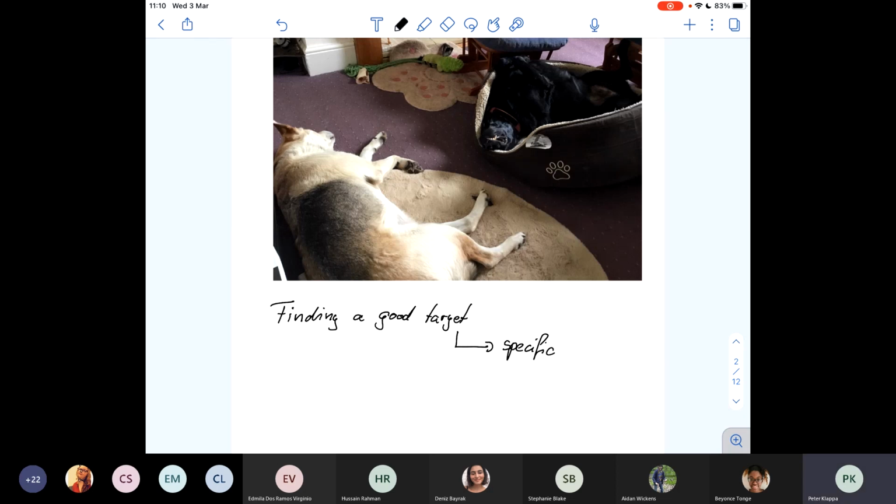So sometimes you can even find an enzyme that you want to target for your drugs. So we want to find a good enzyme, and good here means something that is specific for the pathogen.